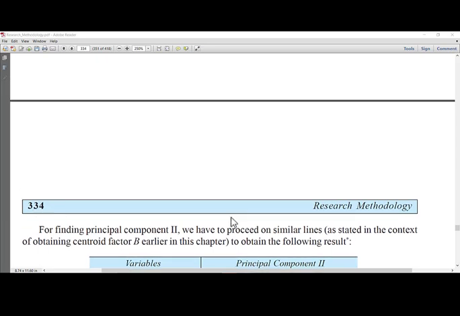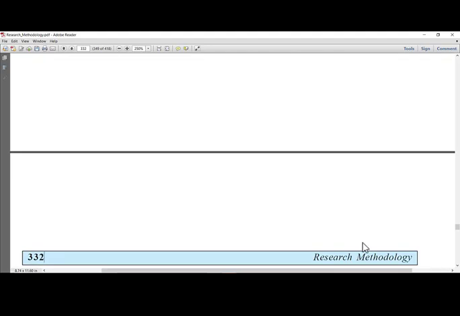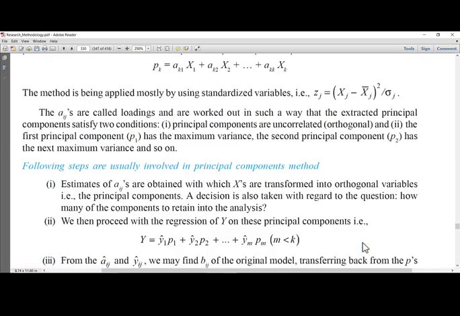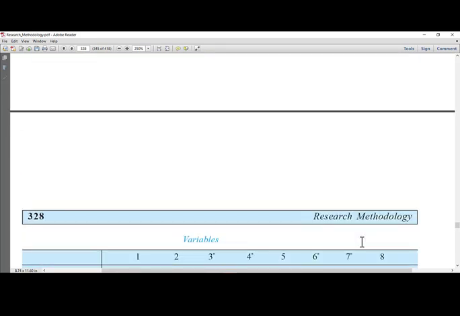In this case, we take these principal component 1 values, 0.69, 0.62, 0.64, 0.64, 0.63, 0.70, 0.68 and 0.68, similar to the centroid method. Let me go to that centroid method, and there I will explain all this.